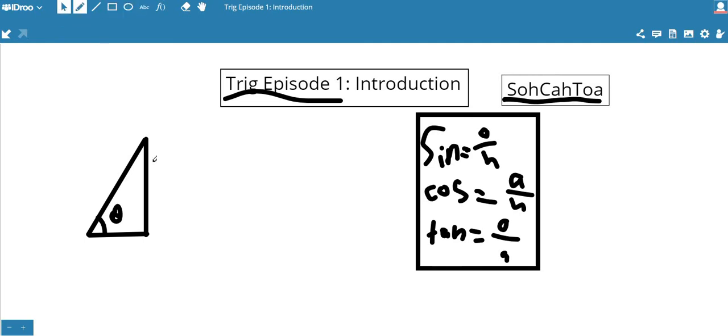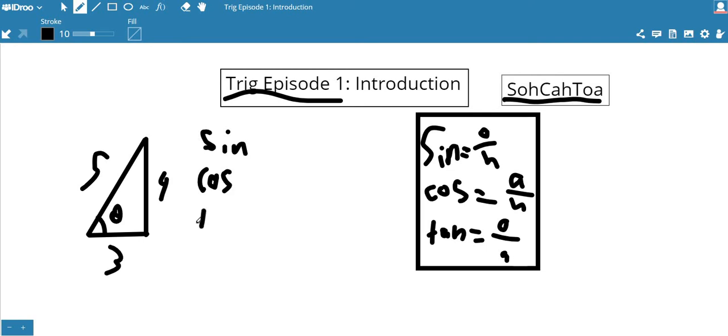So let's say this angle is 3, 4, and 5. Can you tell me what the sine, cosine, and tangent are equal to? I'll give you a minute to pause and try to work this out.